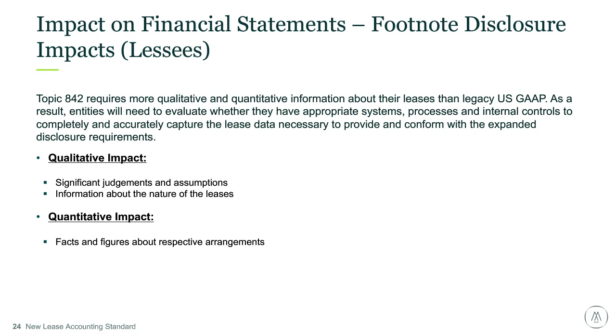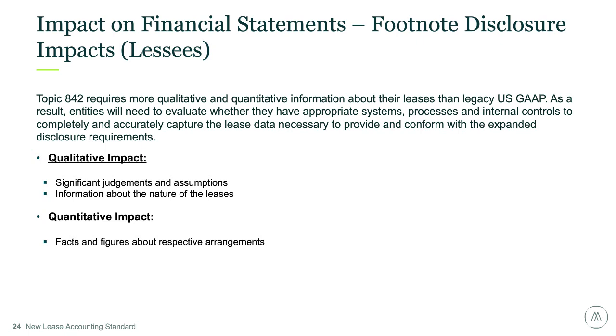Examples of this will be terms and conditions of variable lease payments, the terms and conditions for extension and termination options, purchase options, and residual value guarantees. So once again, to highlight, more extensive, elaborate disclosures are required under 842, whereas under 840 it was pretty limited in that sense.